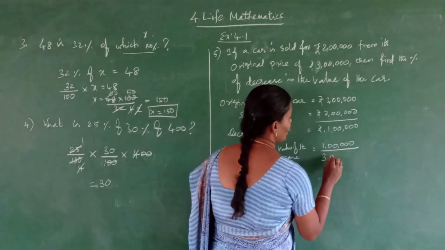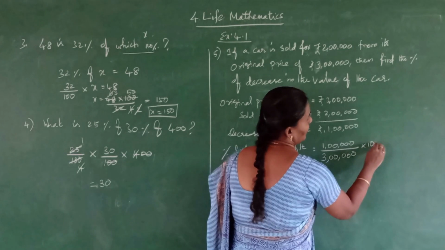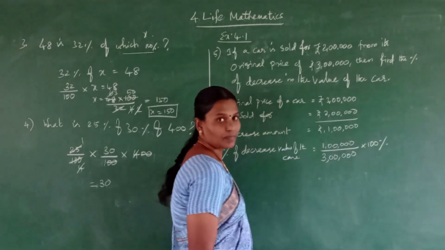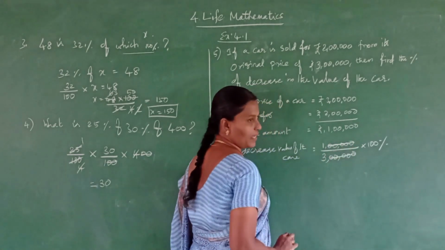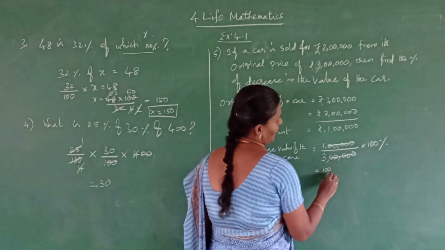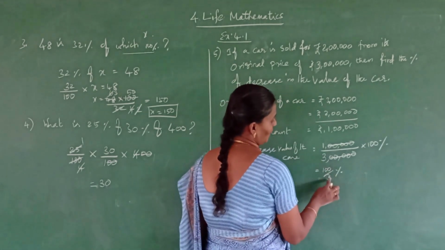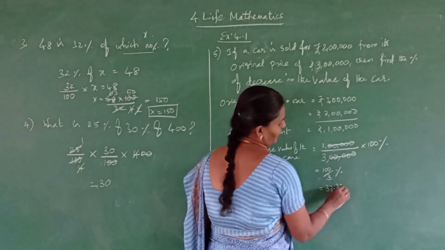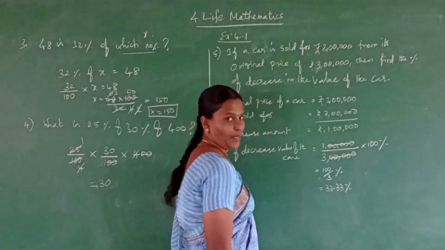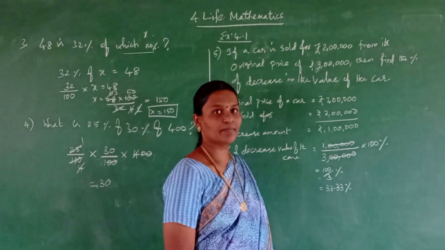So 1 lakh by 3 lakhs multiplied by 100%. Here the 5 zeros cancel. So what comes? 100 by 3%. Cancel with the third table, so 33.33%. Do you understand, children? Good.